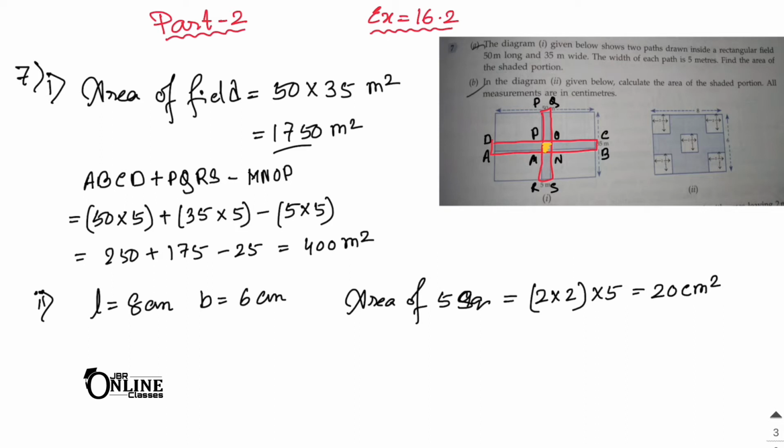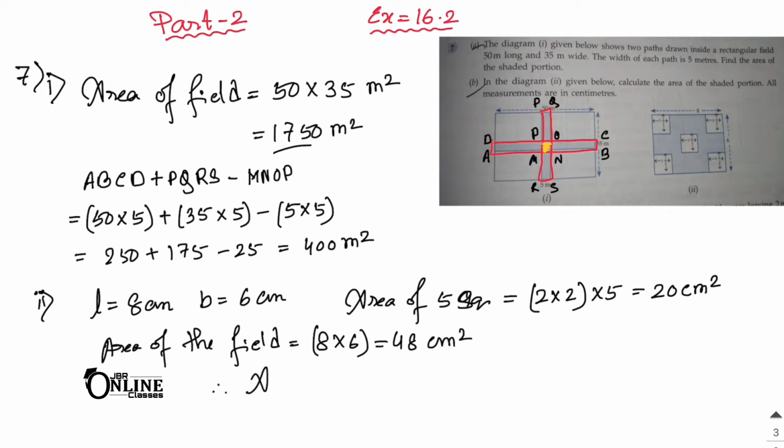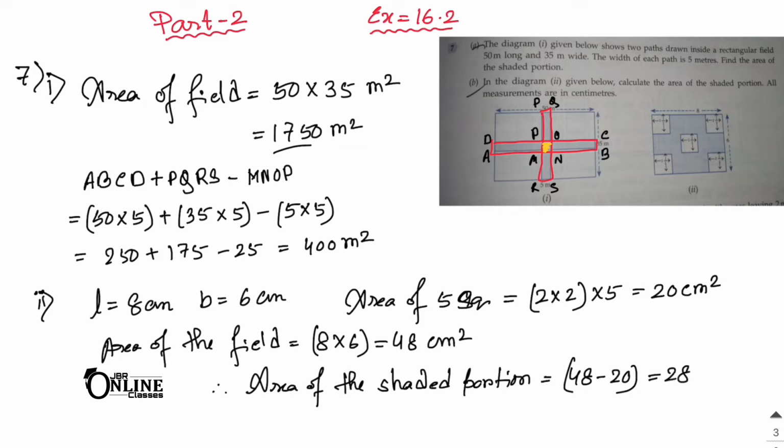Now the area of the total field equals 8 into 6, so 48 centimeter square. Therefore the area of the shaded portion equals 48 minus 20, so it's 28 centimeter square as your answer.